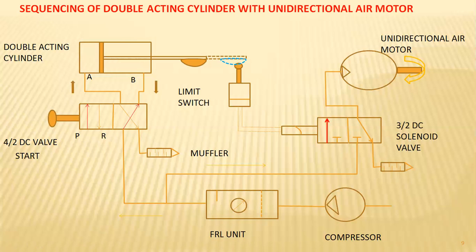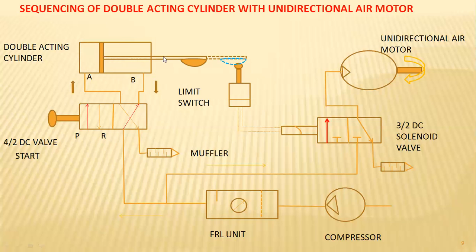the first position will come into force, that is P to A will be connected, and hence this compressed air will enter into port A, and extension will take place, and at that particular time the return air will be released towards the atmosphere.